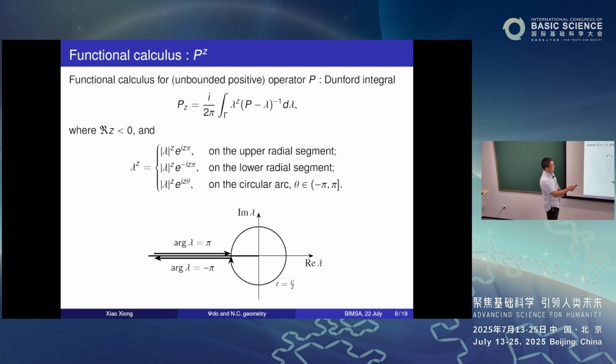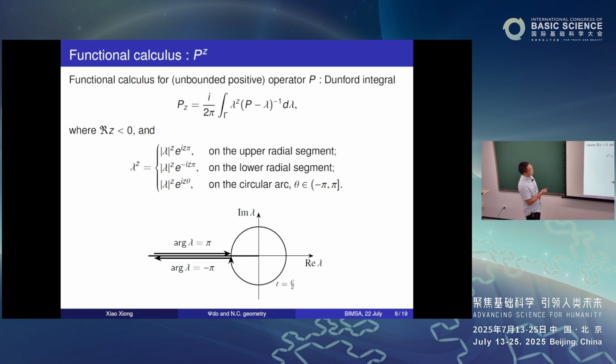So this integration is along this gamma, from here to the circle, and then along this circle to the negative part, and then go along the x axis to minus infinity.